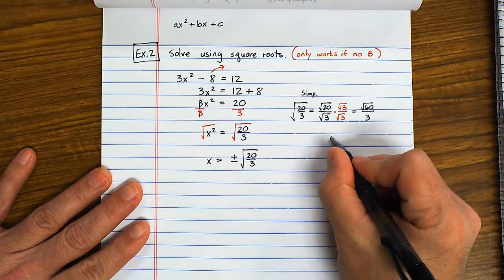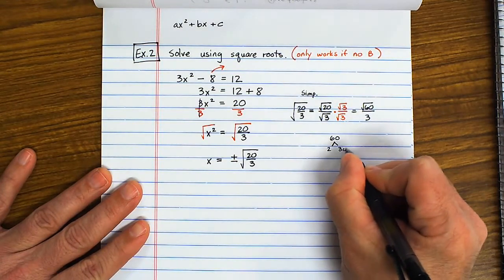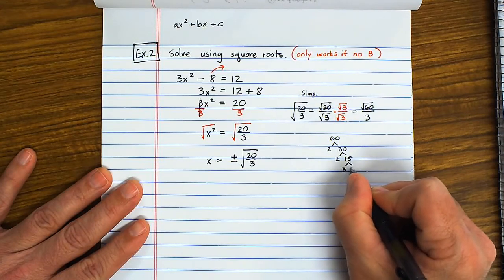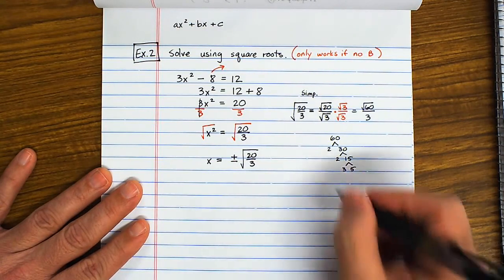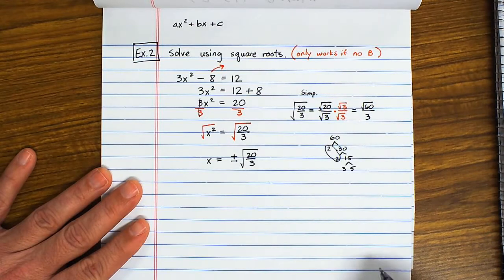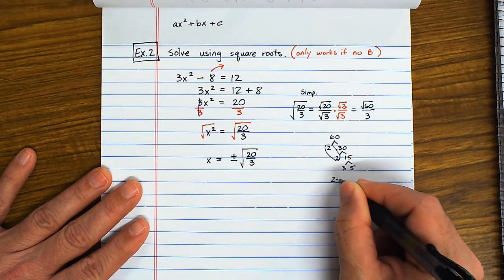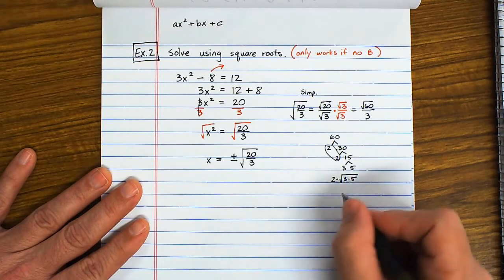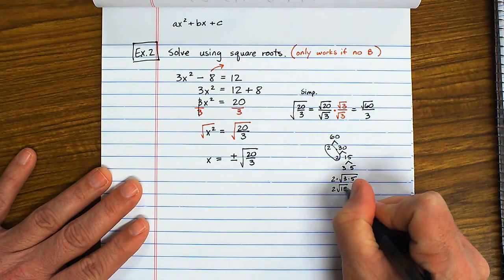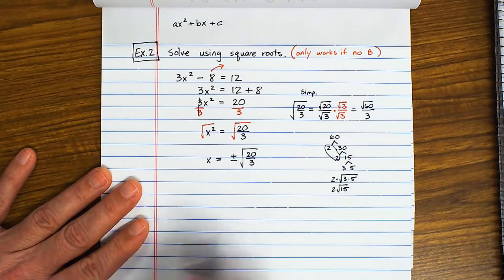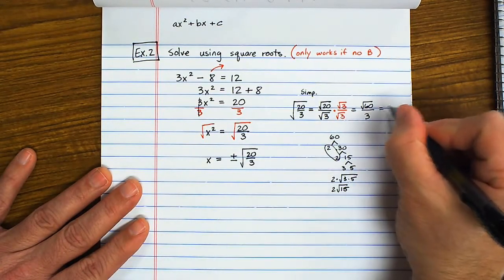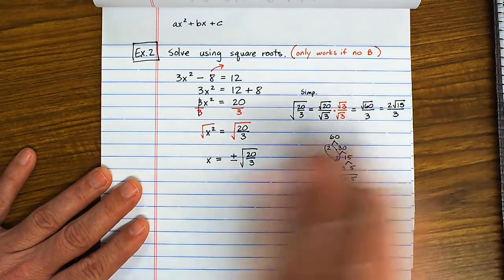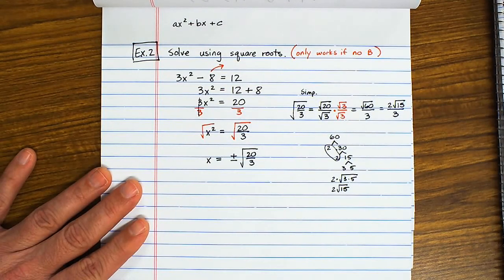So I'm going to break that 60 down right here. 2 times 30, 2 times 15, 3 times 5. So that makes 2 times 3 times 5, which 3 times 5 is 15, which means that the radical 60 became 2 radical 15 over 3.